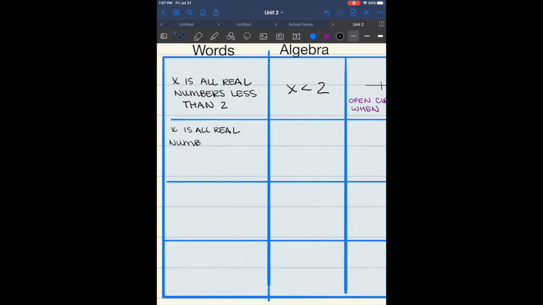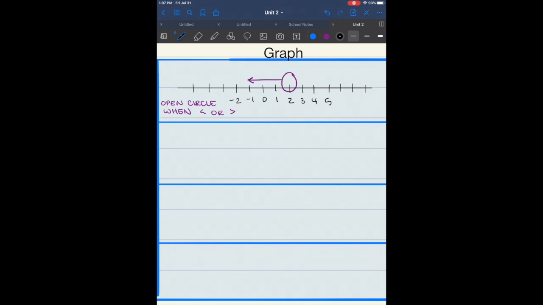The next one says x is all real numbers greater than -3. So this one is saying that x is greater. So that means that Pac-Man is going to be eating x. There's no line underneath it because we did not say equal to. Then we're going to graph it by drawing a number line again.